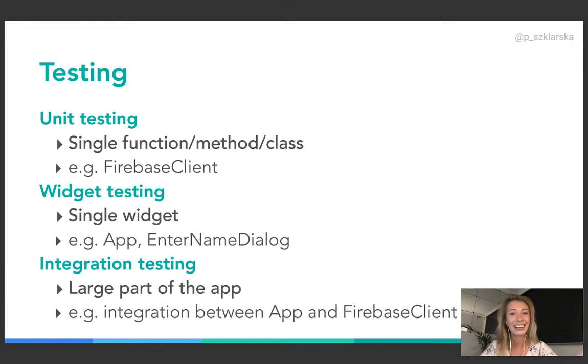We can write the widget test for any kind of widget. And the third type is the integration test that checks a larger part of the app to see if the different classes work together correctly. So today we will write the test for the app. It will be a widget test that will check if the UI shows the correct state according to the data returned from Firestore.